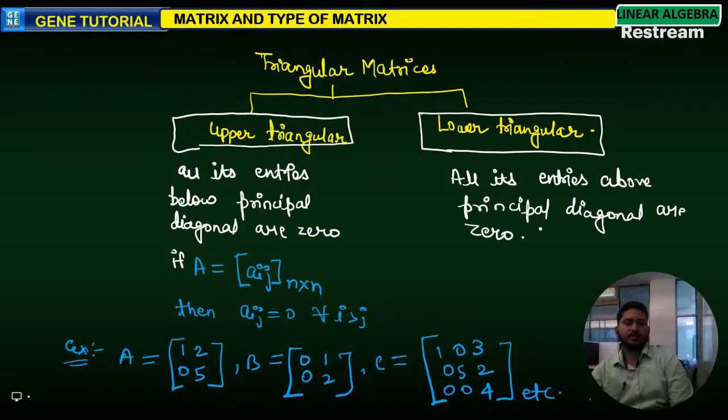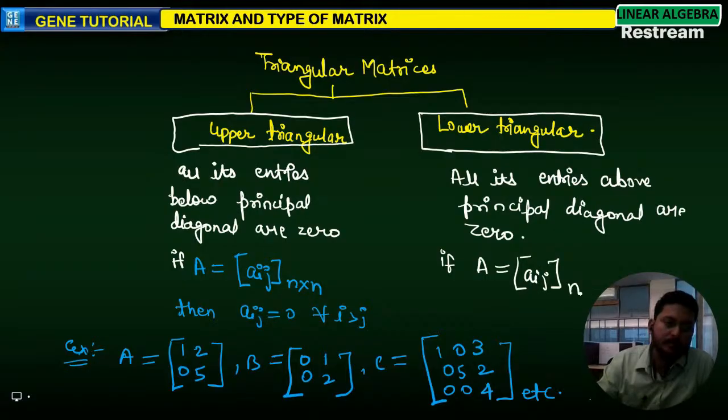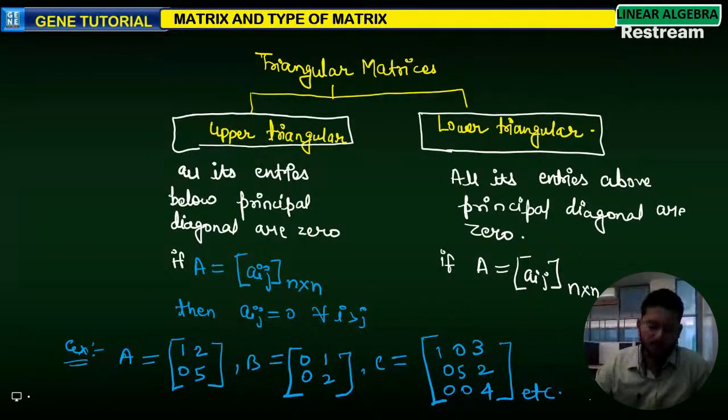The condition is: A equal to Aij with dimension n cross n, because we always take a square matrix. So a triangular matrix is of two types.